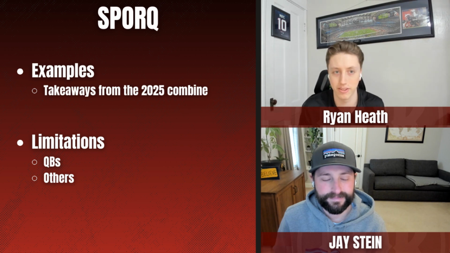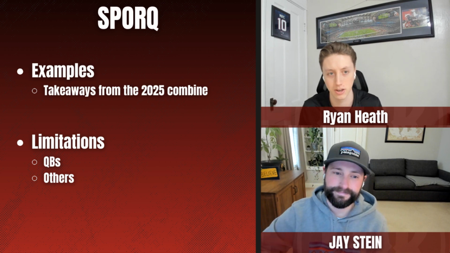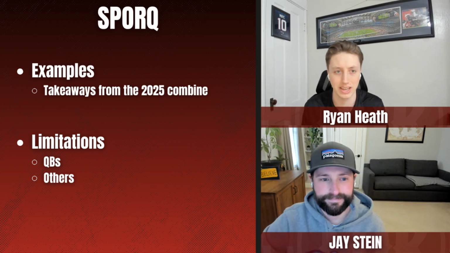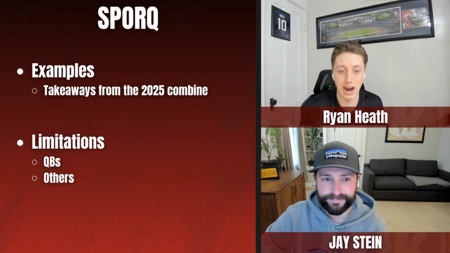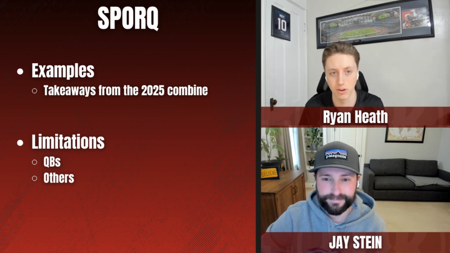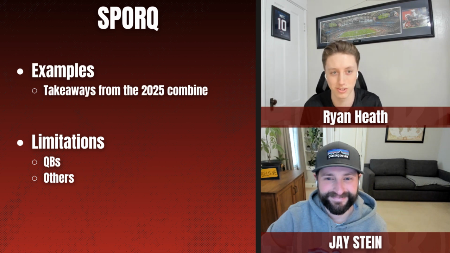Do they actually want this quarterback staying in the pocket or scrambling all over the place and bailing? So it's just a much more individualized kind of thing that I think would be a lot harder to model. I say that without having tried a ton, but that's basically why there are no QB Sporq scores.